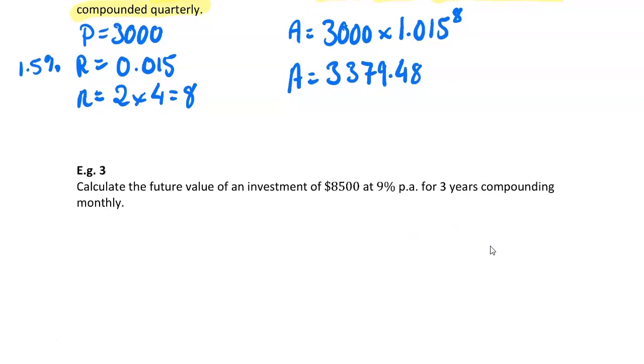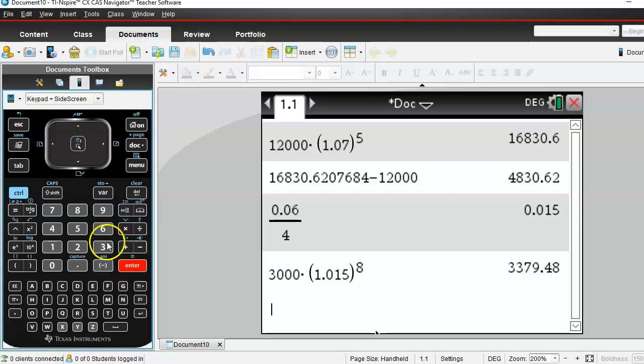So let's calculate the future value of an investment of $8,500 at 9% per annum for 3 years, compounding monthly. So our initial amount is $8,500. Our rate, we've got 9% per annum, but it's compounding monthly. So there's 12 months in a year.